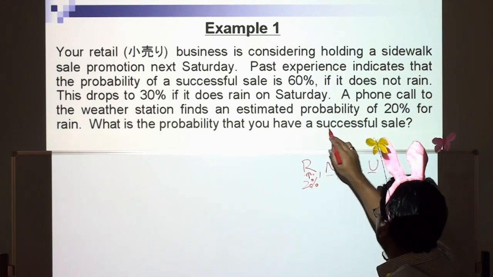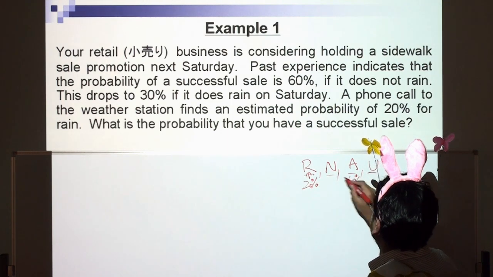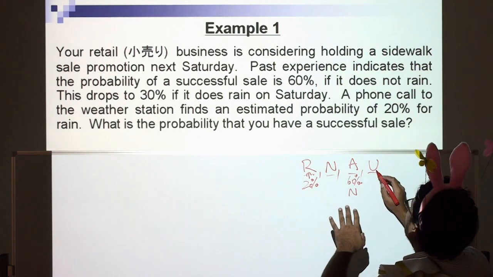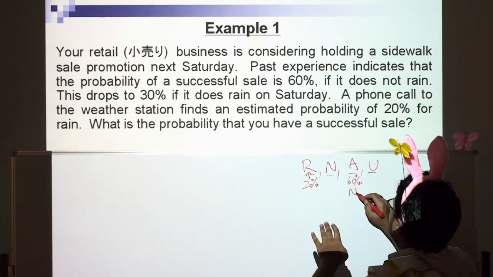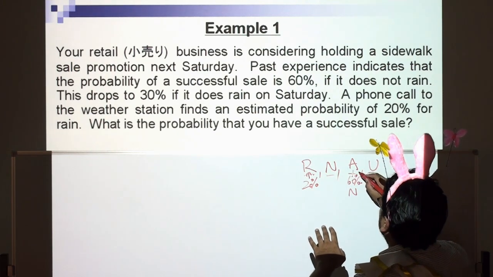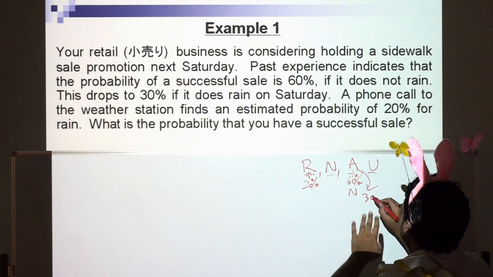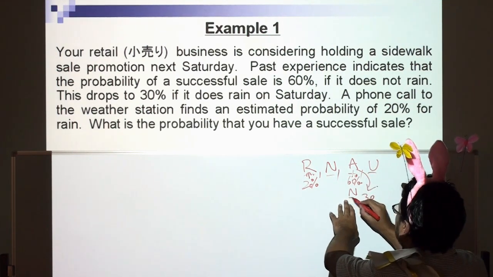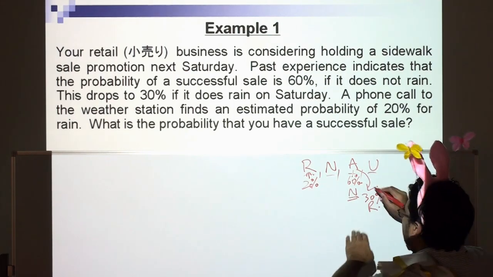The probability of a successful sale is 60% if there is no rain, and 30% if it rains. Successful 60% with no rain, but if it rains, the success goes down to 30%.